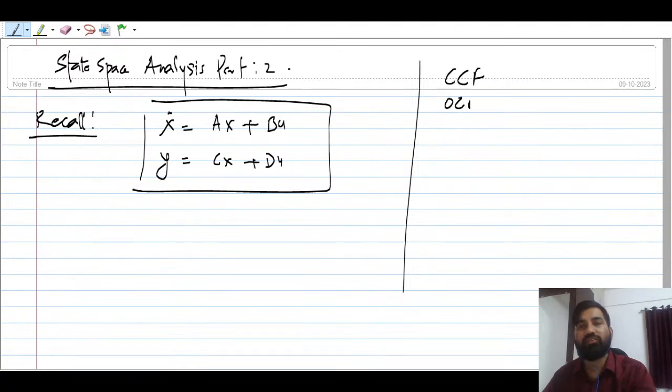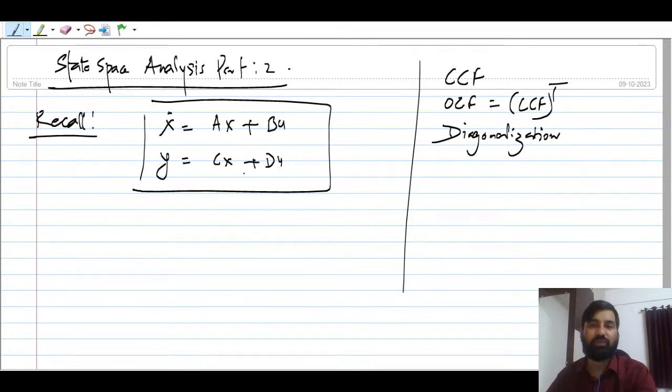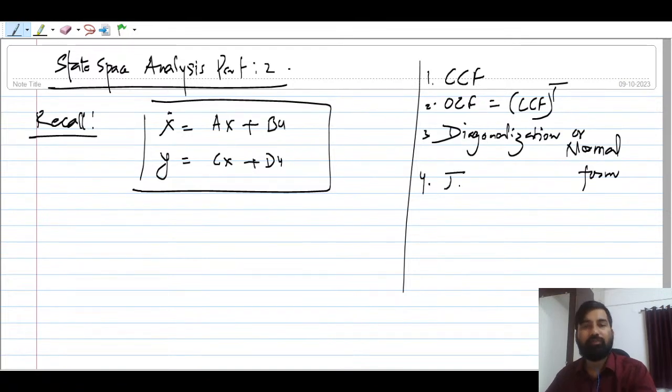The second one is OCF, which is nothing but the transpose of CCF. Then diagonalization, or we call it normal form, and the last one is the Jordan block form.